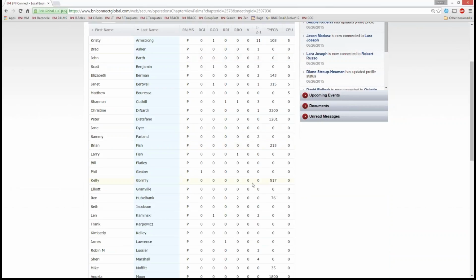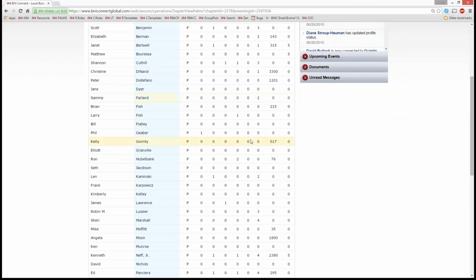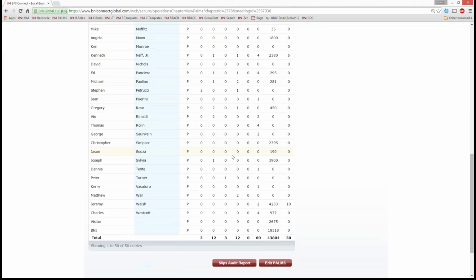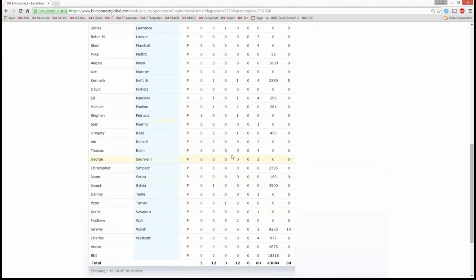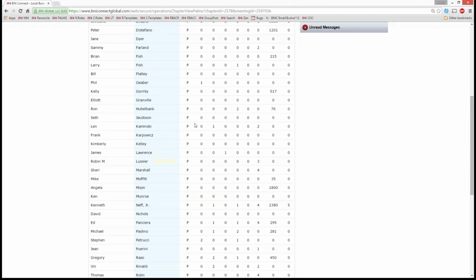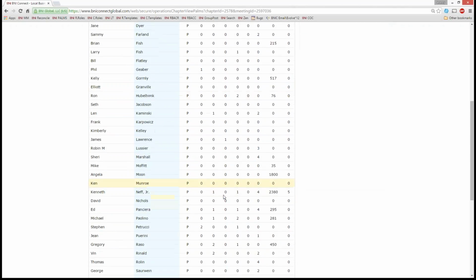All of these slips were entered online through BNI Connect. So our vice president, who does the report in our region, all she has to do is go in, mark the attendance, and then submit the report.